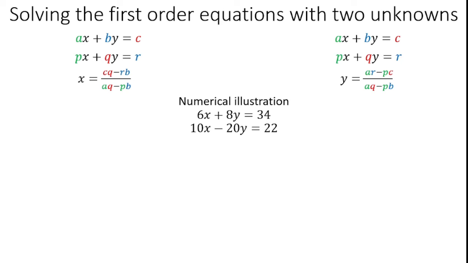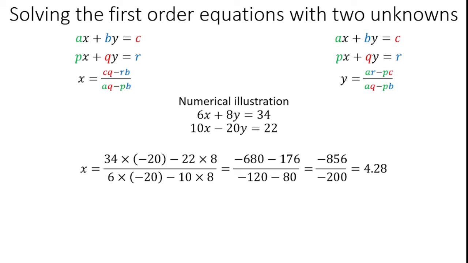Okay, here the a value is 6, the b value is 8 and the c value is 34 for the first equation. And the p value is 10, the q value is minus 20 and the r value is 22 for the second equation. How can we substitute? Let's see with this numerical illustration.